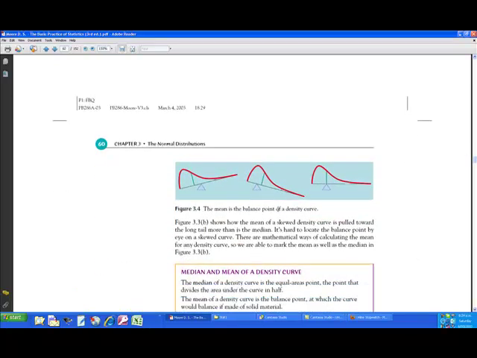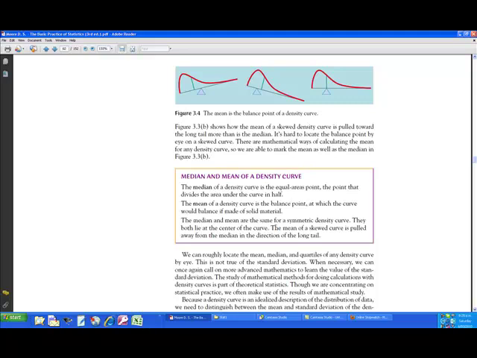And this figure here is showing you where, if you think of a curve like being put on a seesaw, the place where it balances is going to be the mean of that distribution. So like we said before, if you have a symmetric curve, then it's going to balance at the center, and that means that the mean will be at the center, right in the middle.